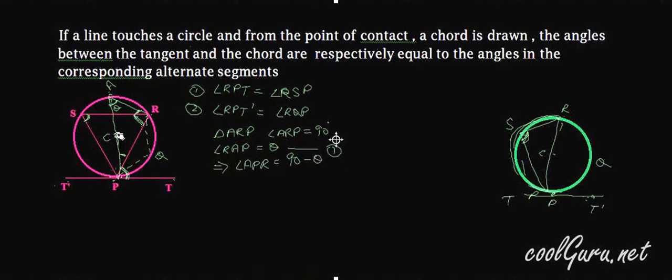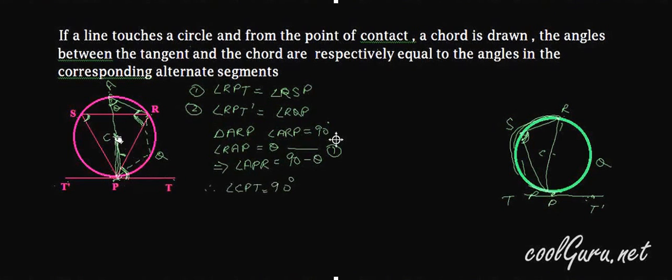Now CP we know is radius of the circle. This line CP is radius of the circle, and we already know that angle between radius and tangent at point of contact is 90 degree. Therefore angle CPT will be 90 degree, because CP is radius and T dash PT or PT is tangent.